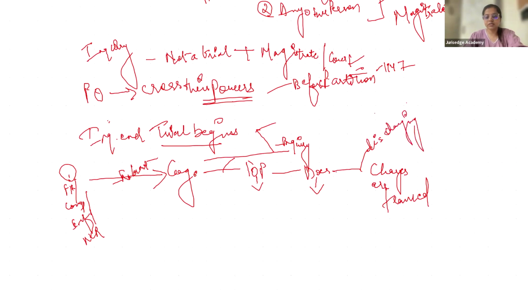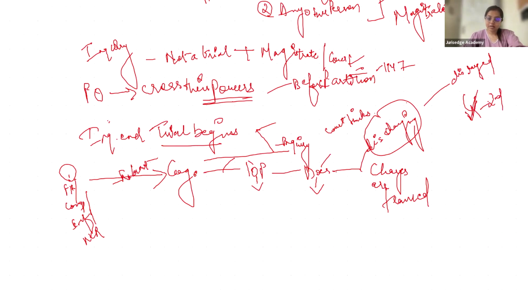Discharging the accused means, if even after giving the documents and before framing the charges, the court thinks that there is no sufficient evidence to even frame the charges against the accused, the accused can be discharged. Discharge means there can be second proceedings against the accused.